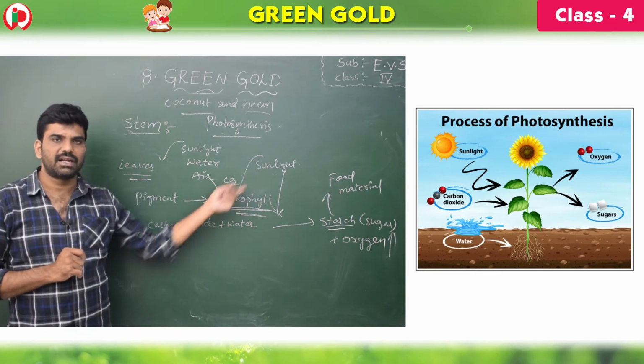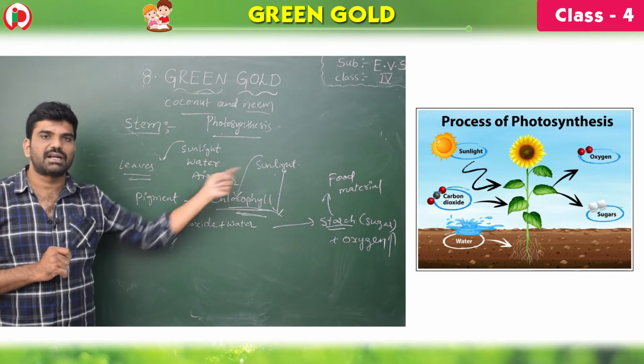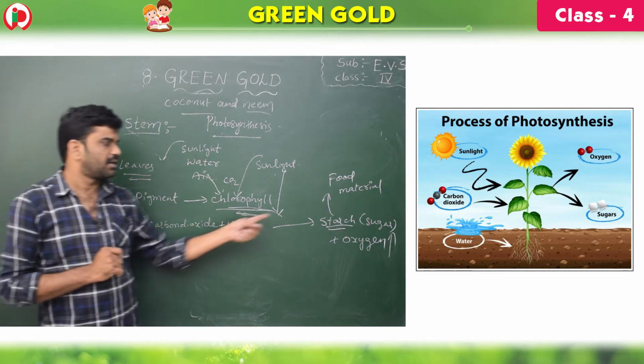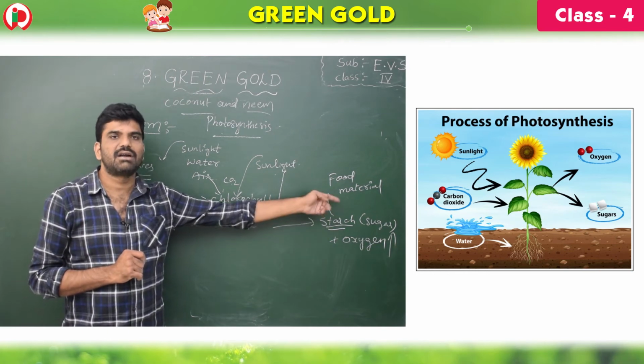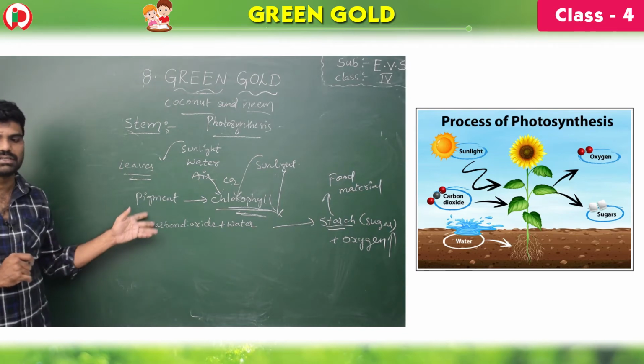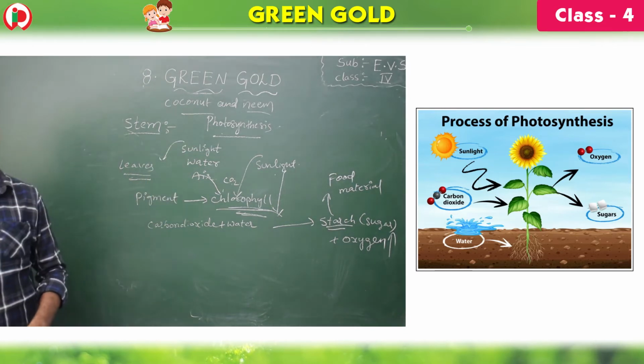In the air there is carbon dioxide. In the presence of sunlight, chlorophyll will turn carbon dioxide and water into the food material called starch, and also releases oxygen gas. This process is called photosynthesis.